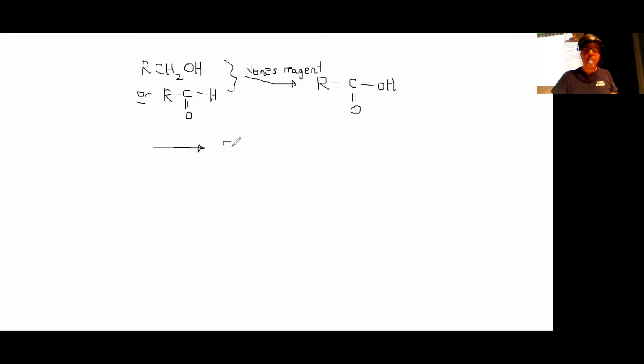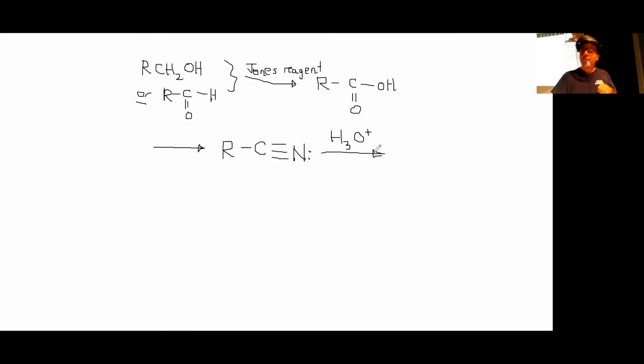But there's another way of making carboxylic acids from nitriles, which is a good reason that they're mentioned in this chapter. And that is done by acid catalyzed hydrolysis. So we'll just use dilute aqueous acid. We'll just write H3O+. And remember, when you see H3O+, that implies that H2O is also present.